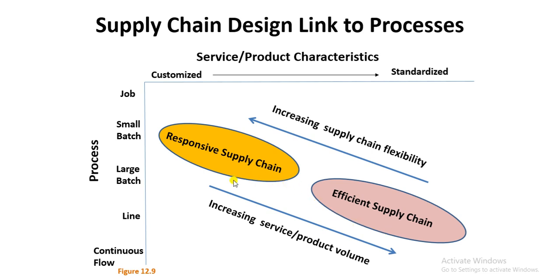So in responsive supply chains your volumes will be low, in efficient supply chains your volume will be higher, whereas in responsive supply chains there will be more flexibility, and in efficient supply chains there will be less flexibility.